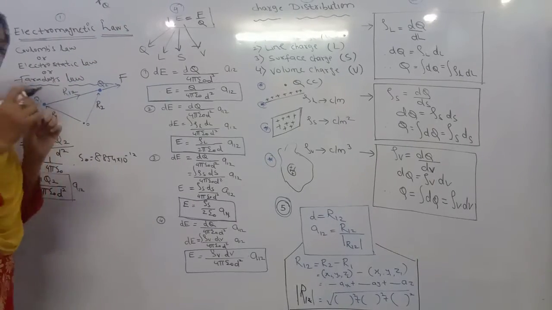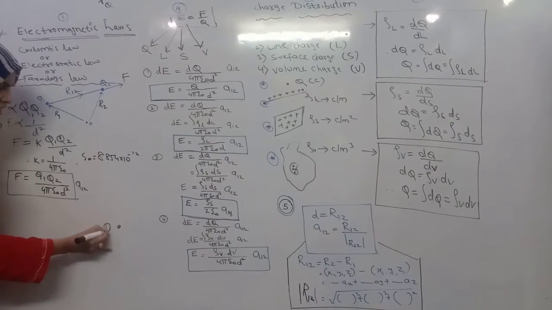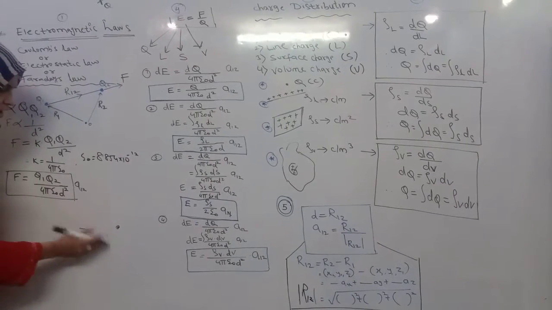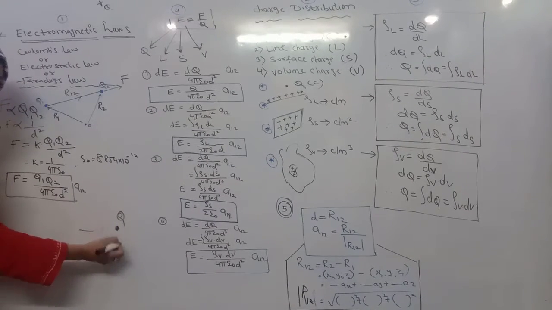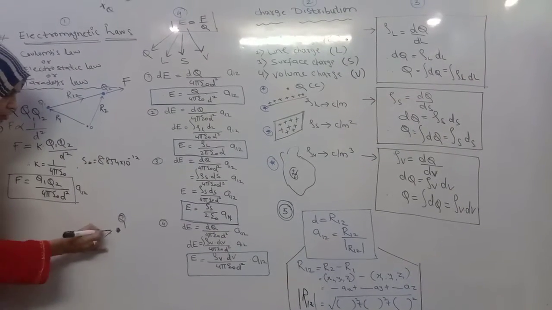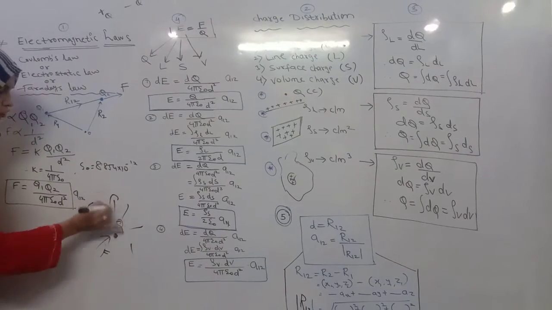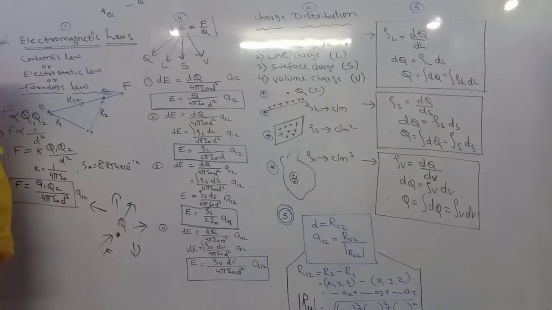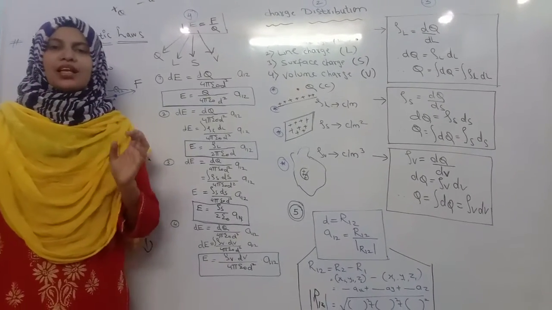If a point charge is there, positive or negative, the force is exerted on this one. If force is exerted, definitely the intensity will come into the picture. The best example is the lamp or the bulb.